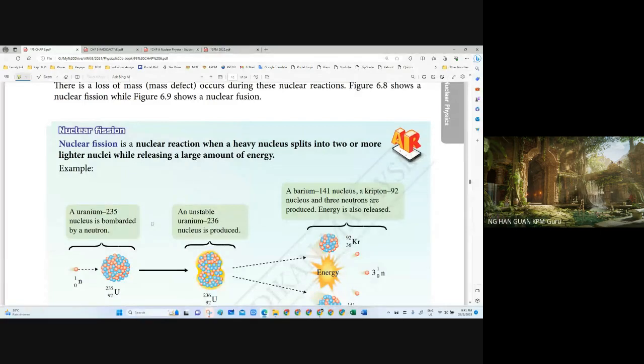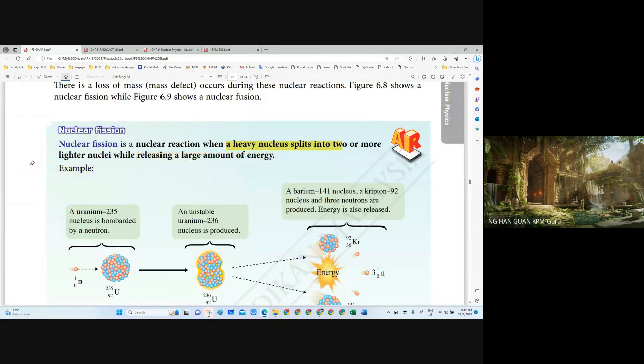Look at nuclear fission first. Nuclear fission is the nuclear reaction when a heavier nucleus splits into two or more lighter nuclei, while releasing large amounts of energy. This is the process we use in our nuclear reactor, which uses chain reactions.